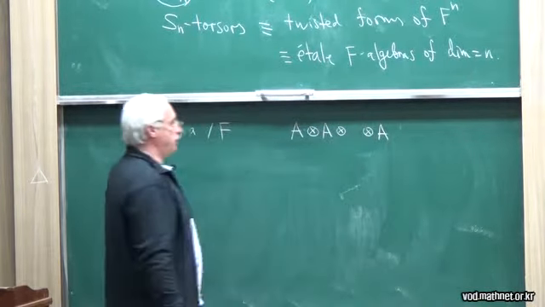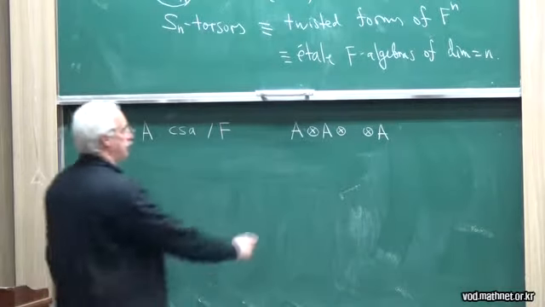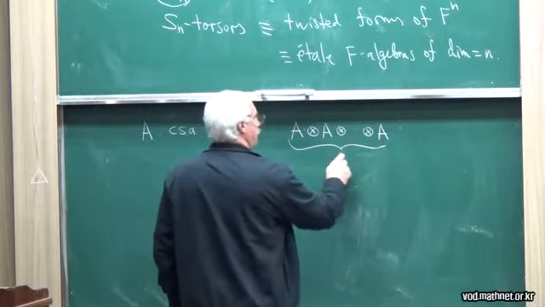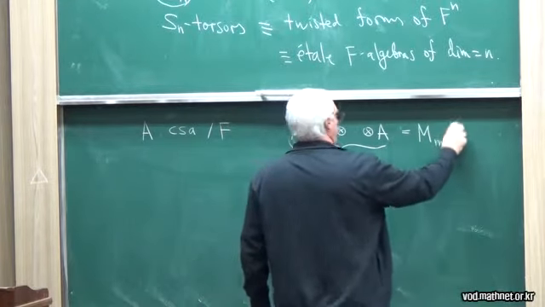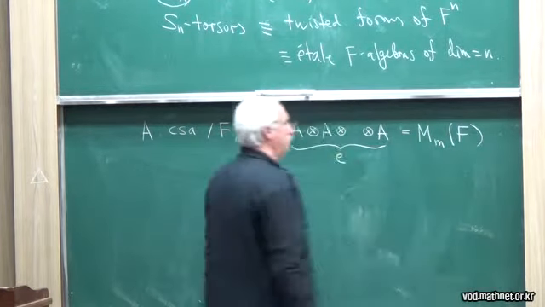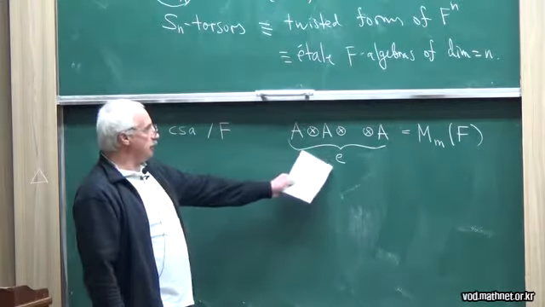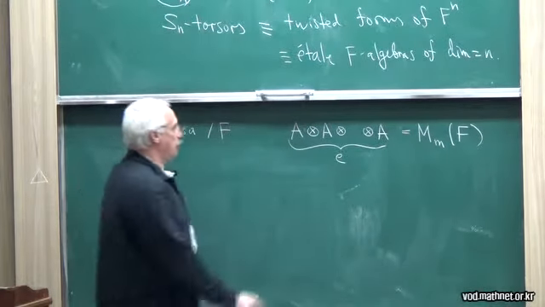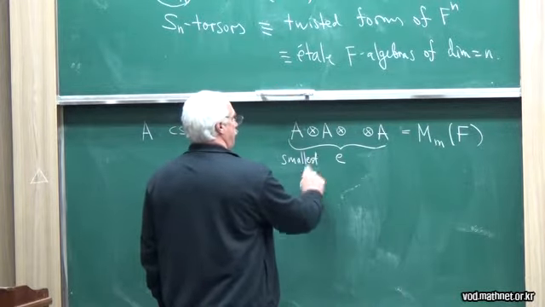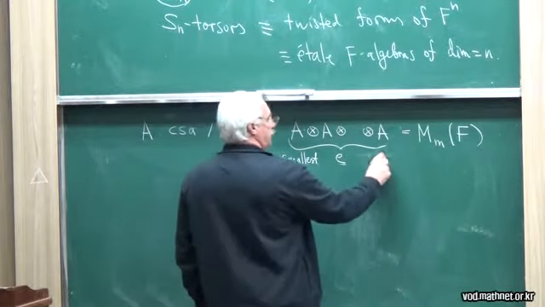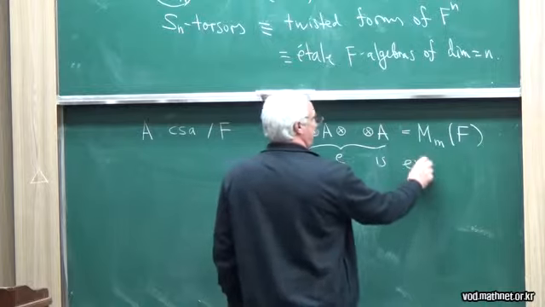And it turns out that for some number of copies, say E, you will get a matrix algebra of some order over F. And this E, the smallest number E, is the exponent of the algebra.